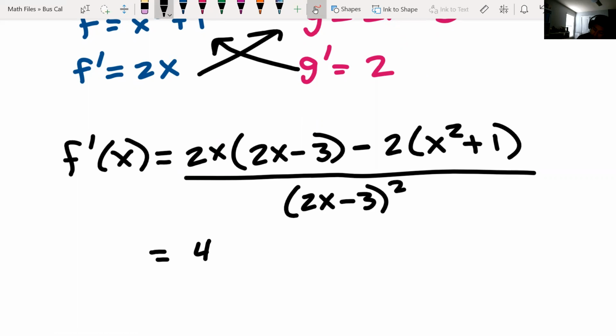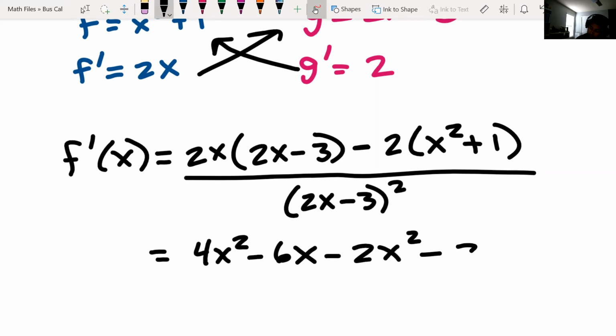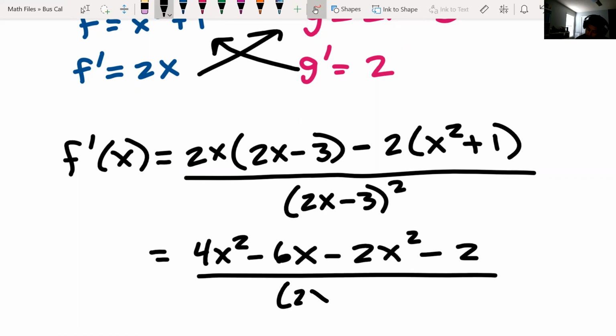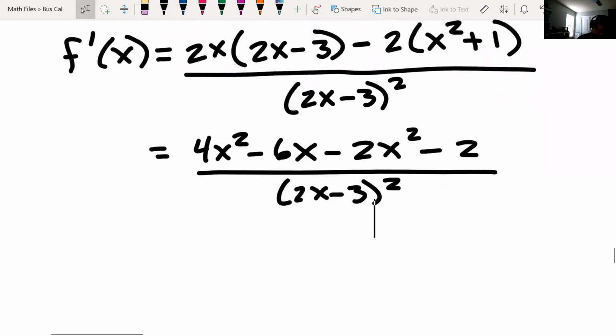Distribute that 2x, 4x squared minus 6x. Distribute that negative 2, negative 2x squared minus 2, all over 2x minus 3 squared. Clean up one more time.